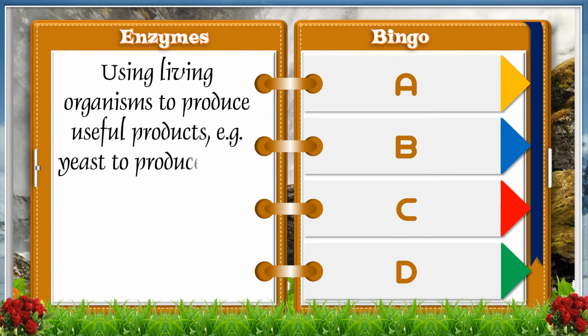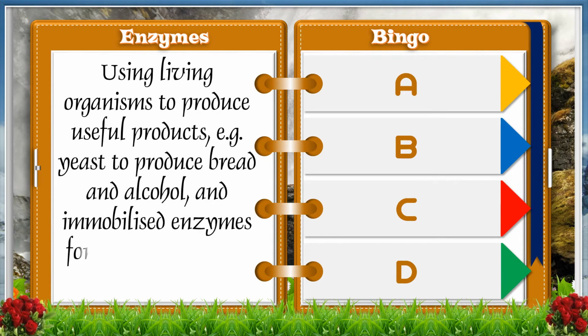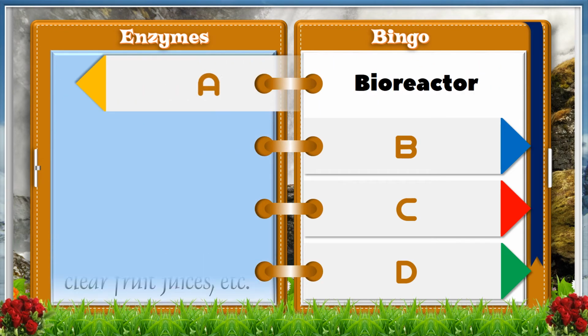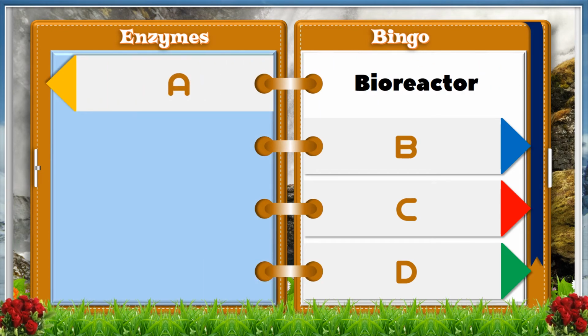Using living organisms to produce useful products, e.g., yeast to produce bread and alcohol, and immobilized enzymes for the production of clear fluid juice, etc. A. Bioreactor.